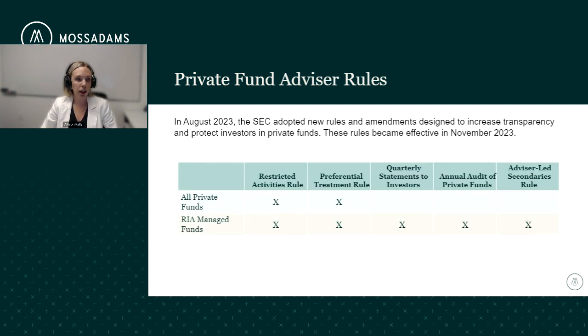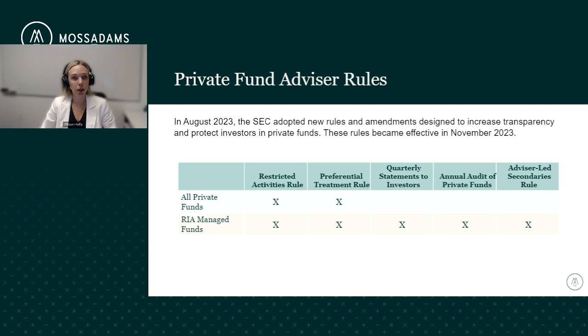Prior to the rule being vacated, here's a brief summary of the different aspects of the rule and who they applied to. As you can see, there are two main categories of rules: those that apply to all private funds and those that only apply to private funds managed by registered investment advisors, or RIAs. All funds were prohibited from engaging in certain activities and practices unless disclosures and/or consents were obtained from investors.